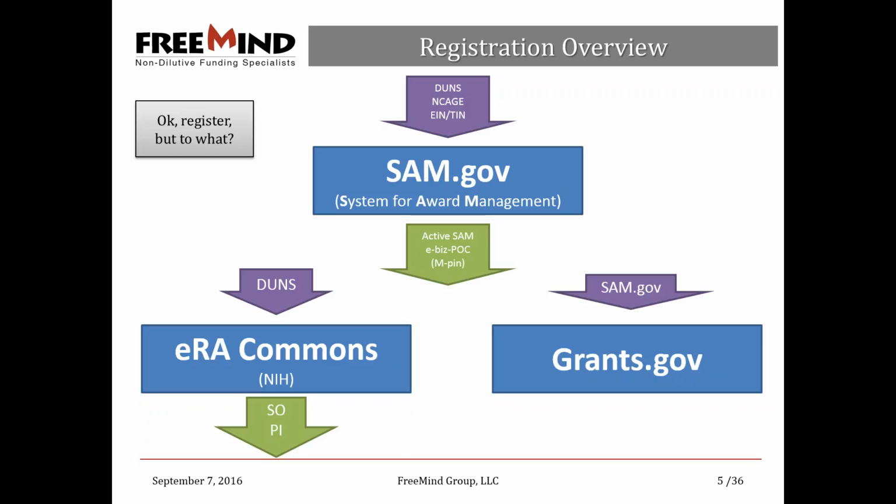For that, you will need an active SAM account, and you'll be creating an AOR, and we'll talk about that shortly as well. So this is basically the overview of everything we'll talk about today. We'll go over everything here very slowly to make sure that everything is clear.